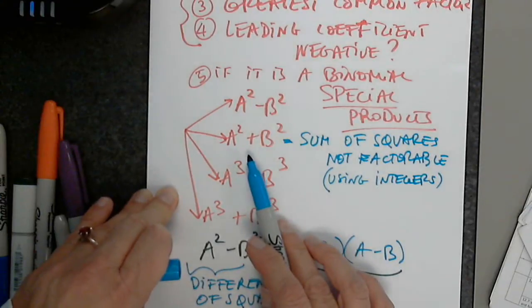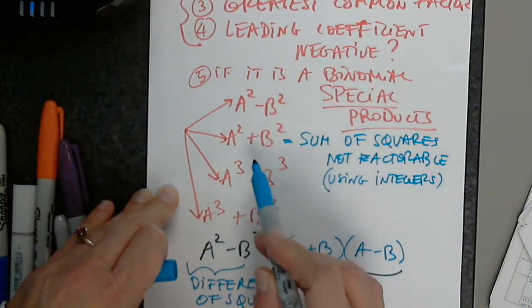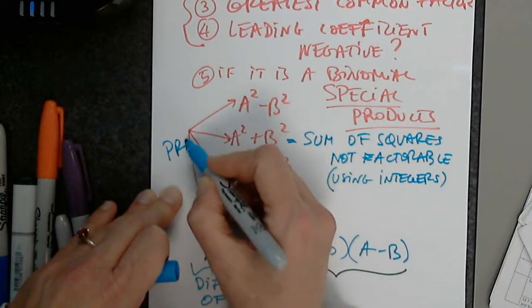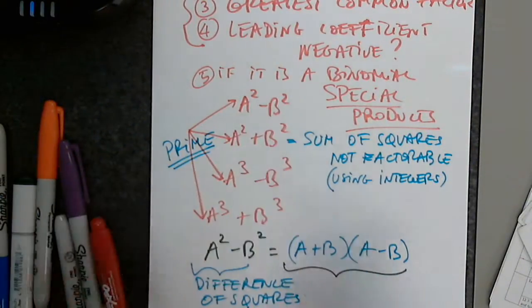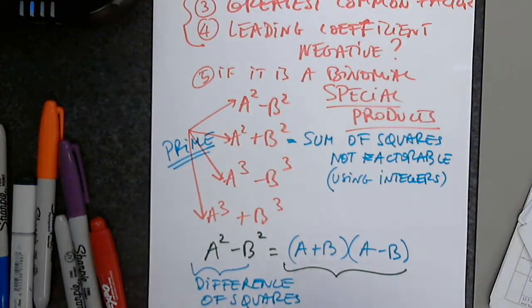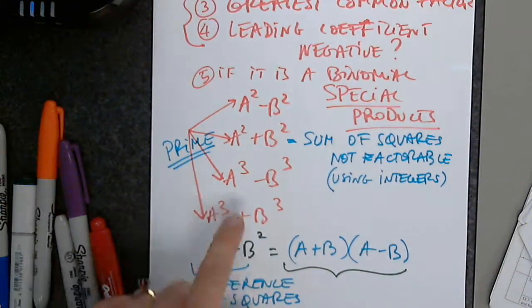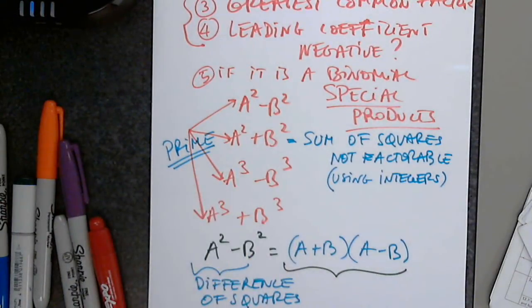I can factor it using complex numbers, but that's not what we want to do. Your book, in this situation, uses the word prime. I don't specifically care for it for a polynomial or binomial in this case, but they just say it's prime or not factorable. I'm fine. I prefer not factorable. The sum of squares is not factorable. But you can write prime. I accept it. I think it's better to write not factorable.